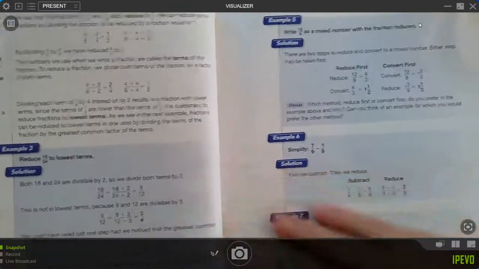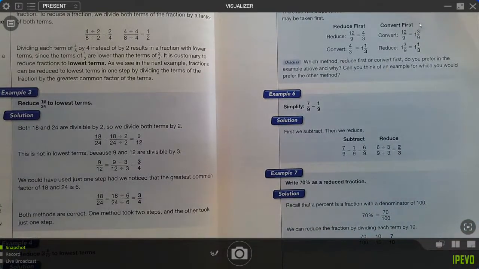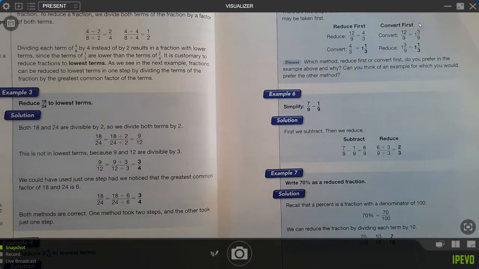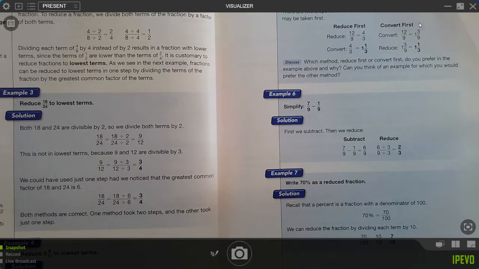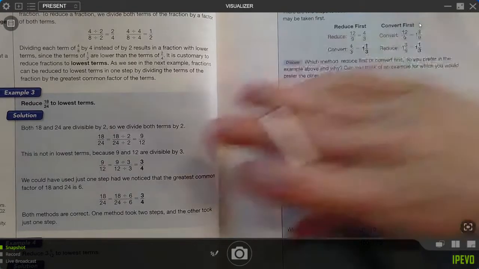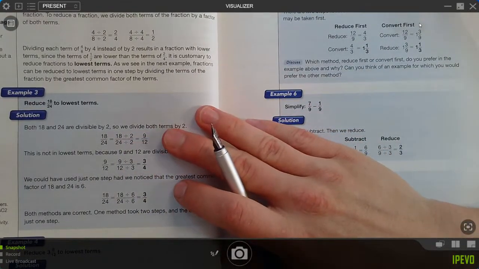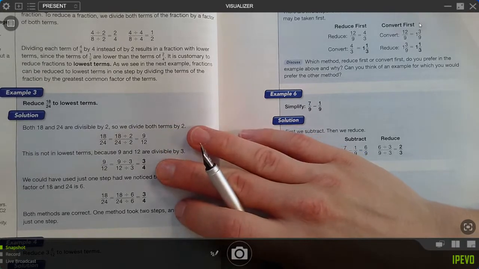Okay. So reduce, and you'll do this at nearly the end of most of these fraction problems, because we don't want to end with a problem with 18/24. I don't really know what that is. I can't really picture that in my head. Not off the top, not easily. But when I figure out that I can divide both of those by 2, I can get to 9/12, and then I can divide each of those by 3 and get 3/4.